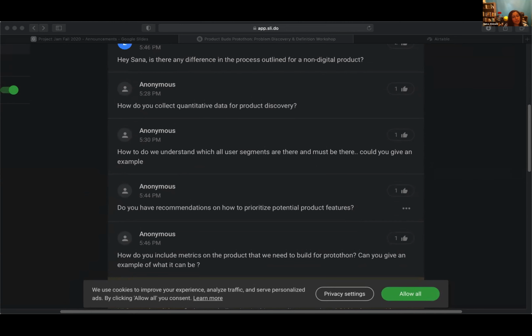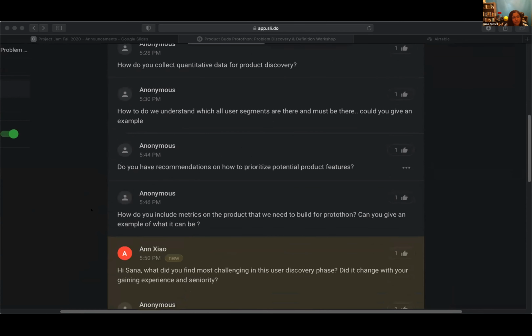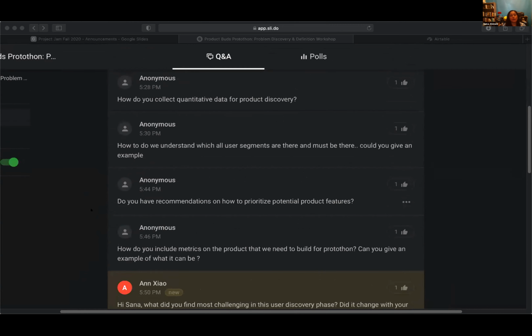I really like this question of how do you include metrics on the product that we need to build for the Protothon? Can you give an example of what that could be? So that's literally like thinking about going back to the problem statement, right? The problem statement is I'm solving for problem X and solving it with this Y solution.